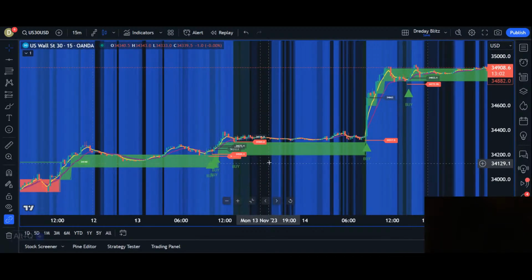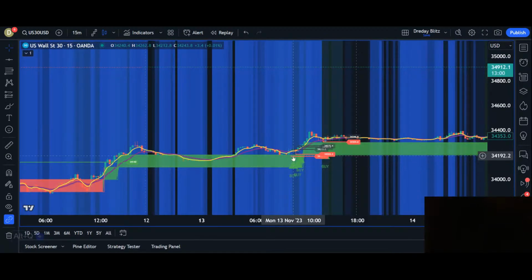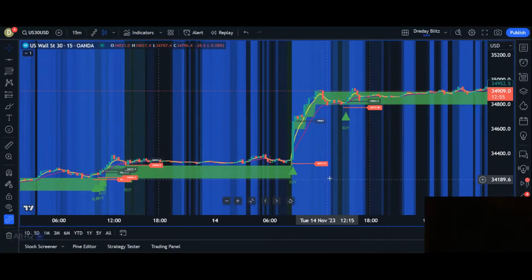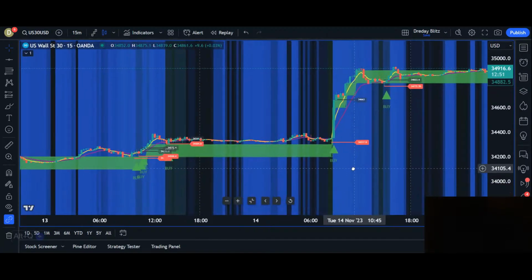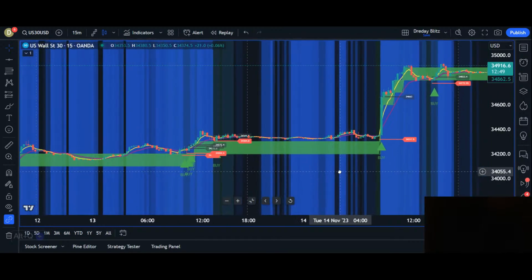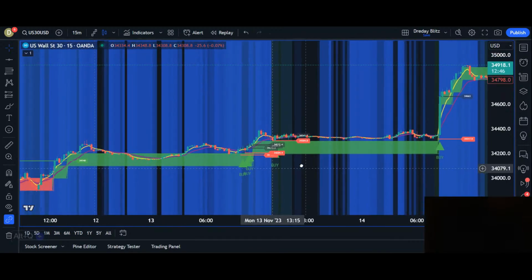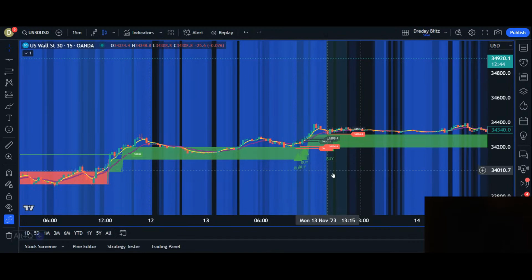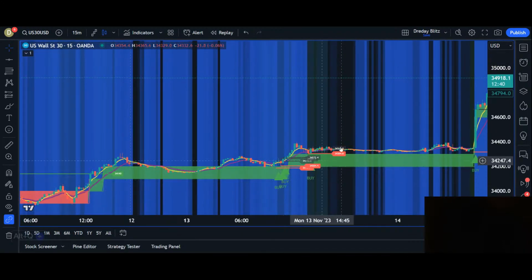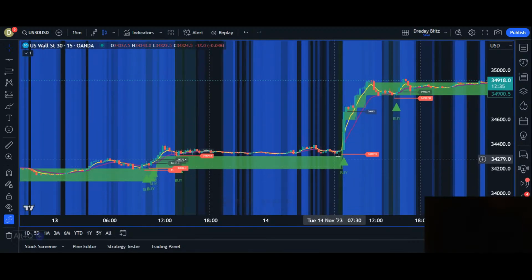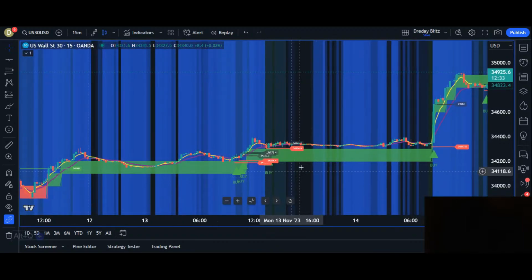Since then we had 1, 2, 3, 4, 5 buy signals, and currently they are still running. Why? Because we're still going up. It never switched, and it never touched your stop loss at all, if you're putting your stop loss based off of the previous Renko.